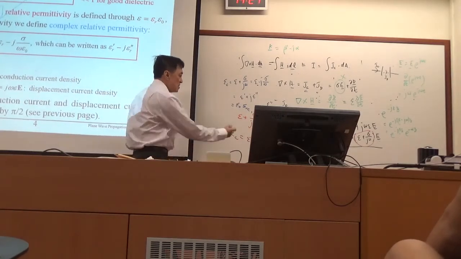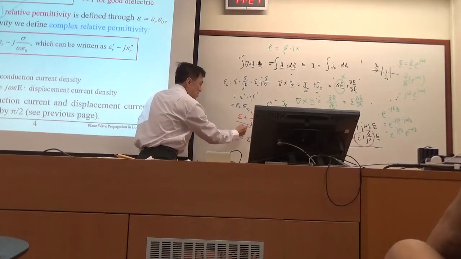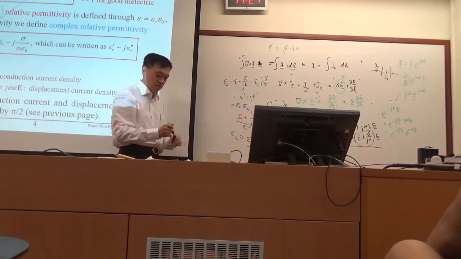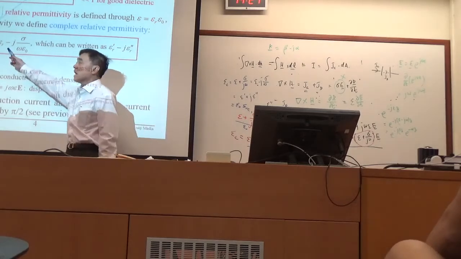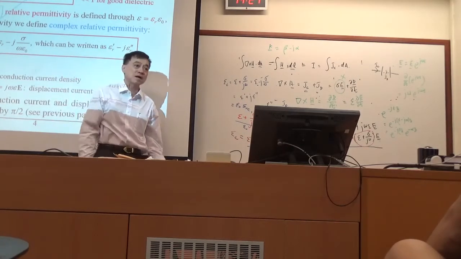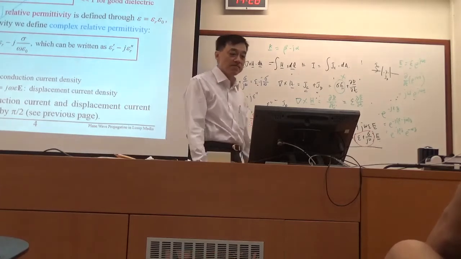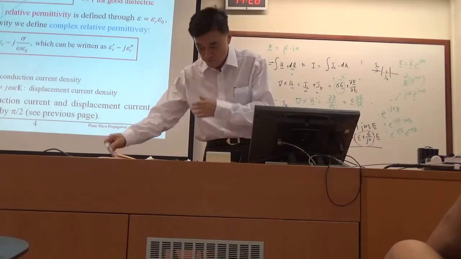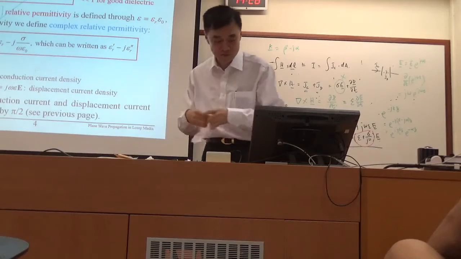So it's this whole thing divided by epsilon naught, which is equal to epsilon R minus j sigma over omega epsilon naught. Alright, that's all. Definitions. As I say, I still have to introduce them to you.